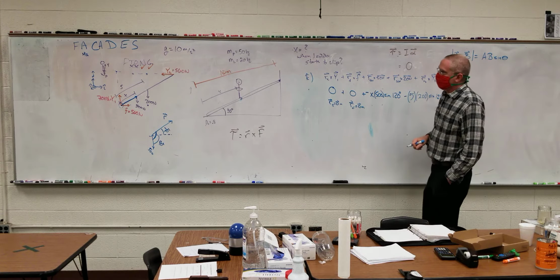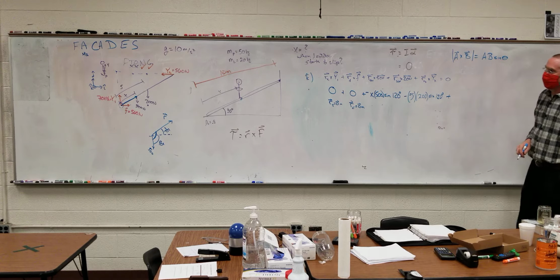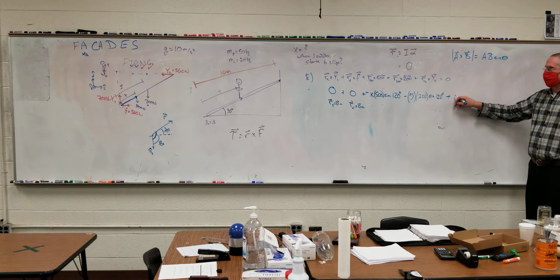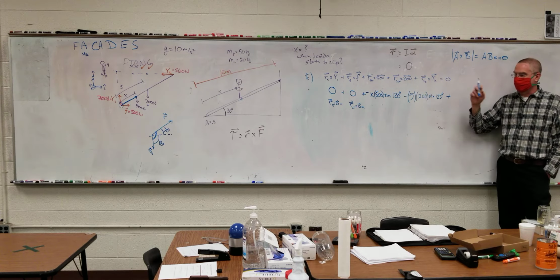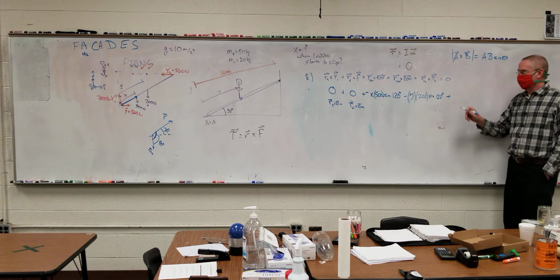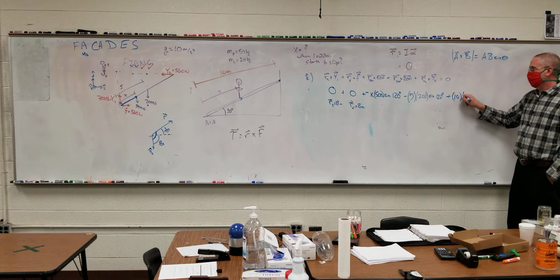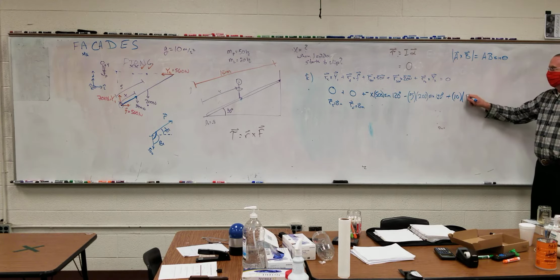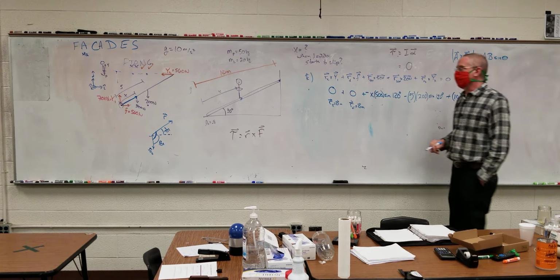And then finally, the last one. What is the size of my moment arm for the last force? Meters. Yep. Size of the force? Times the sine of, what is the angle between them?